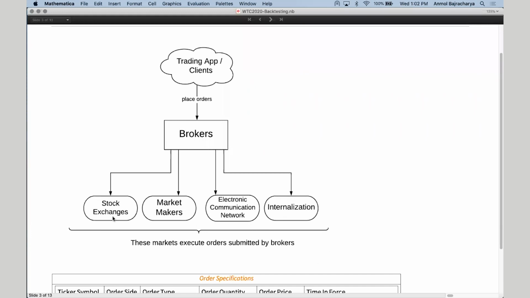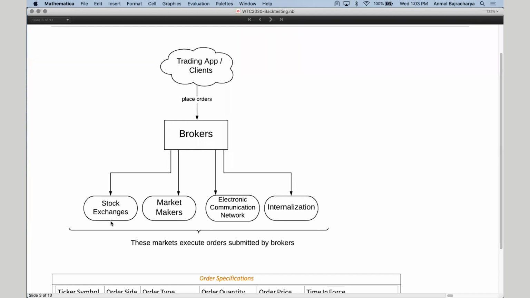It could be either a stock exchange like New York Stock Exchange, or market makers like NASDAQ, or if it is a limit order, it can also be sent to an electronic communication network, which is basically a trading system where buyers and sellers' limit orders can be executed on that platform.